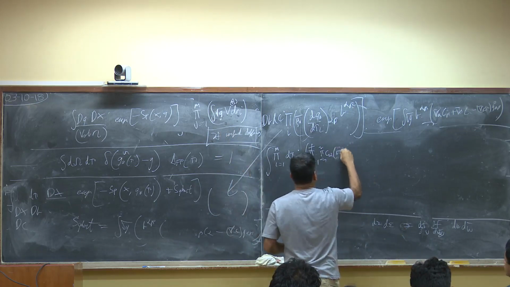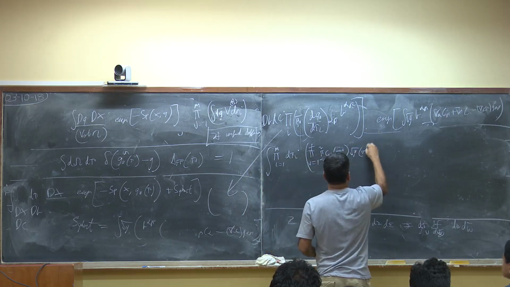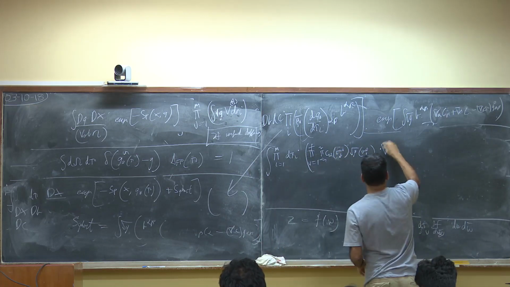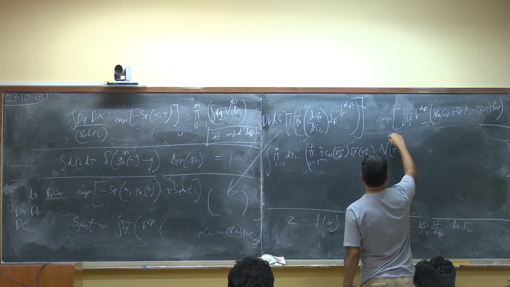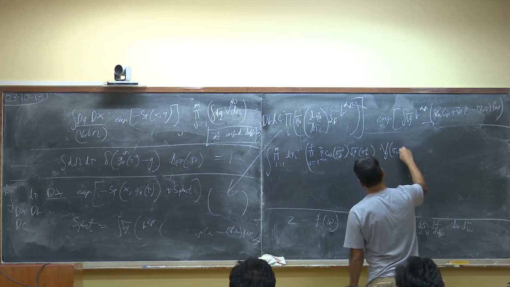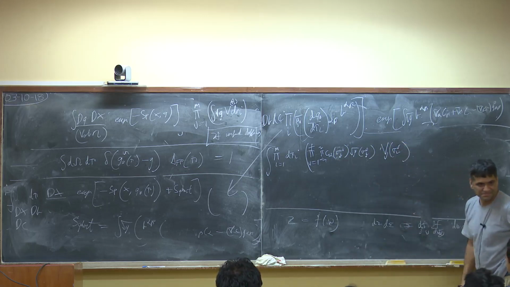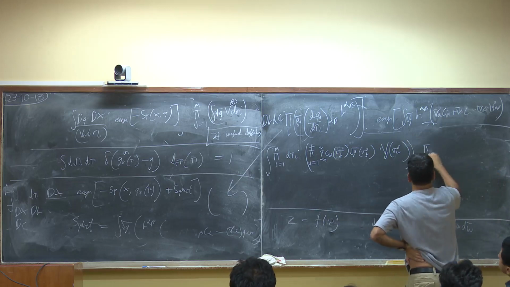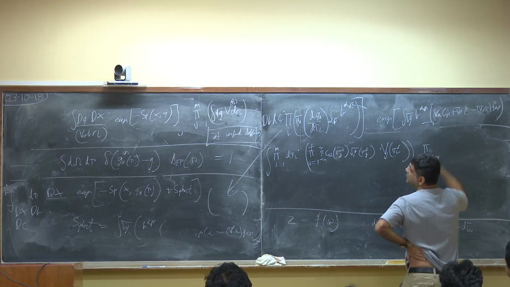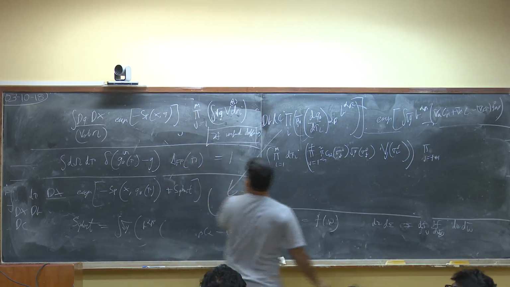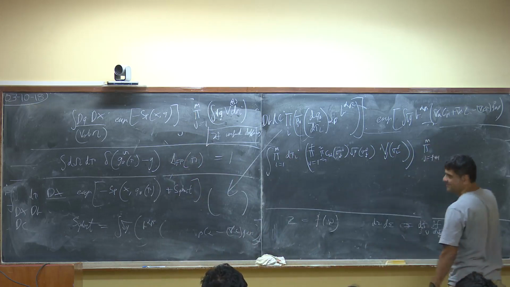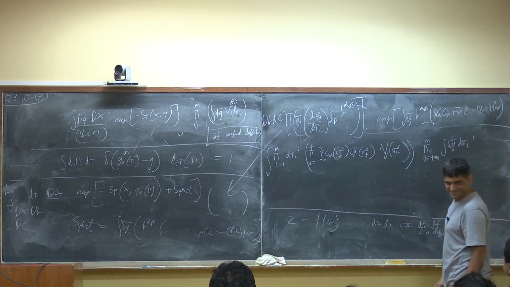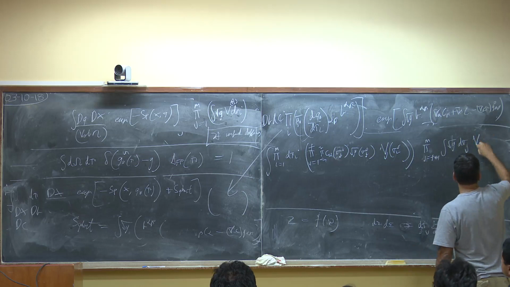C alpha at sigma I naught, square root g at sigma I naught, j naught, V, sorry, Vj at sigma I naught, then product j equal to f plus 1 to the number of insertions, integral d square root g d sigma j Vj of sigma j.